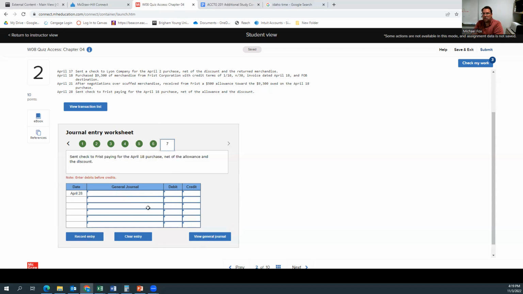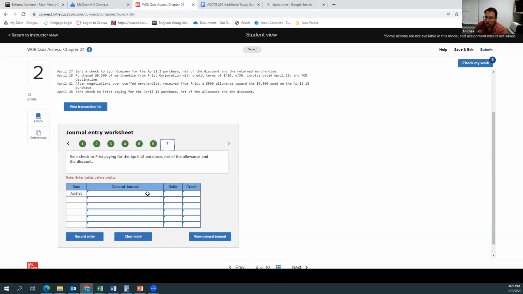Finally, on April 28th, we are going to pay them. So we paid for it 10 days later. This thing has terms of 1/10 net 30. So we pay within the 10 days, we're going to get a 1% discount.